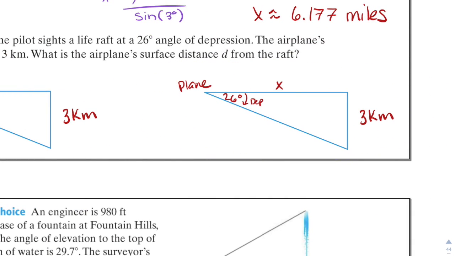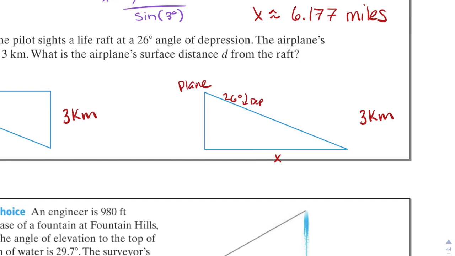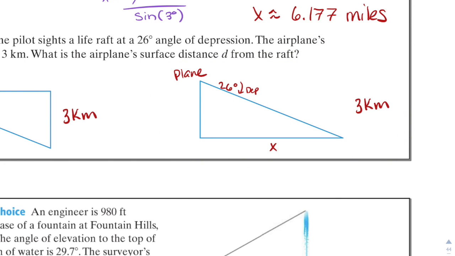Another way of drawing it would be to draw it like this, and draw our triangle this way. We're going to move the surface distance. That one's going to be this x right here. Same thing. But you can't do your 26-degree angle of depression. See the issue? We can't do that. We could figure out what this angle is right here.